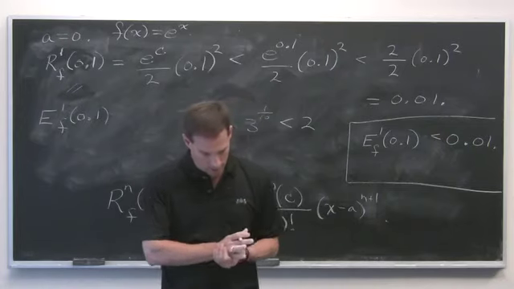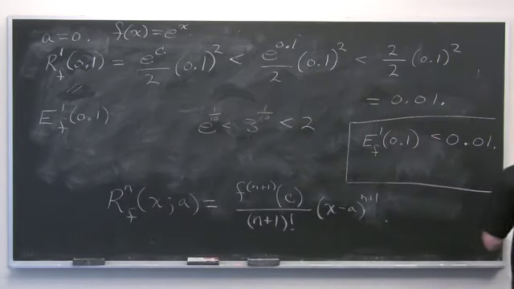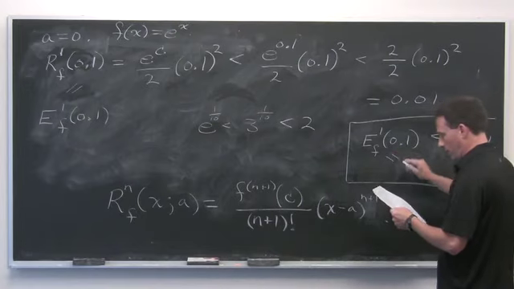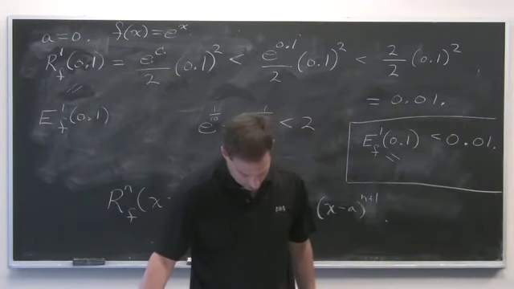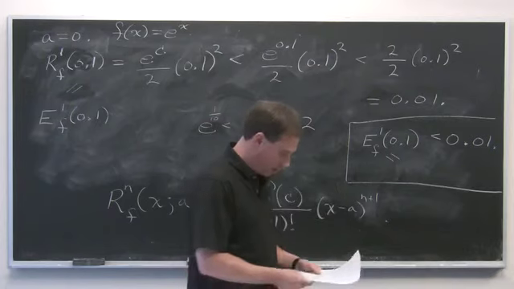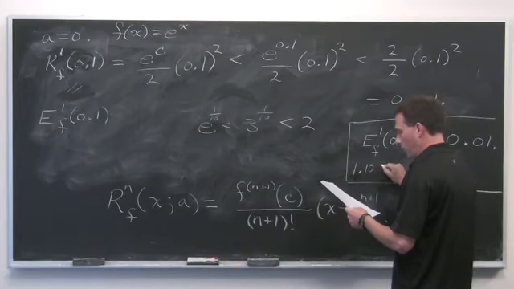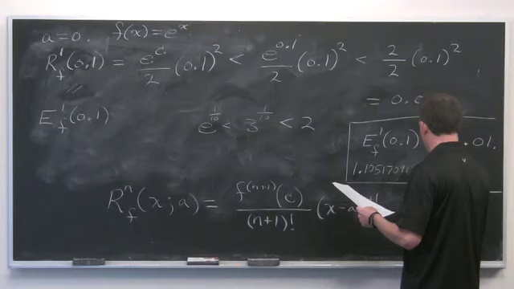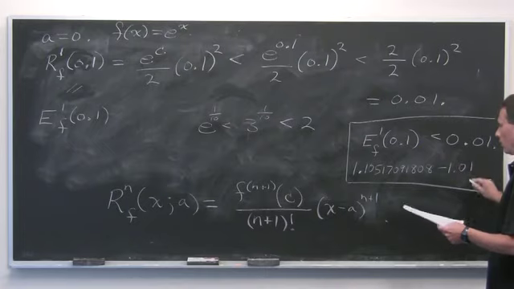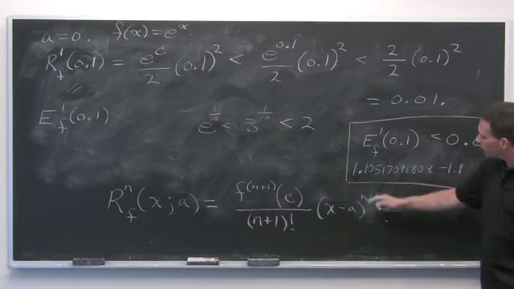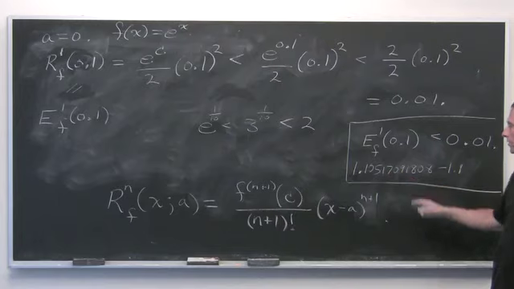The actual error that we found last time, believing our calculators, when n is 1, was this: we had 1.105170918808 for the actual value of e to the 0.1, and if you subtract 1.1, the actual error is more like 0.00517.